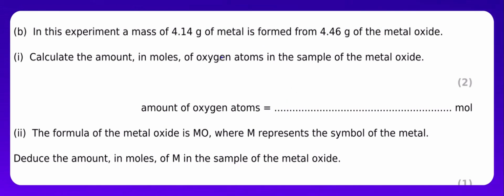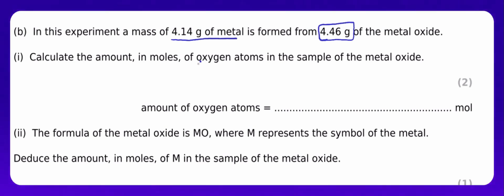First of all, we have been given the mass of the metal, which is 4.14. Then we've been given the mass of the metal oxide, which is 4.46. So it is very simple for us to do this. For you to get the mass of oxygen, you need to subtract the mass of the metal from the oxide.